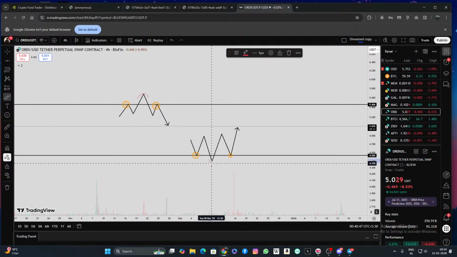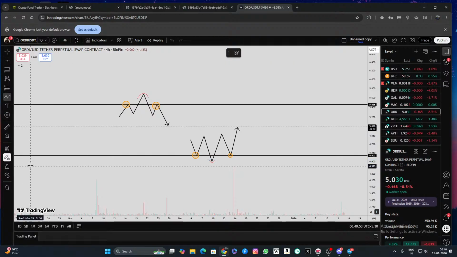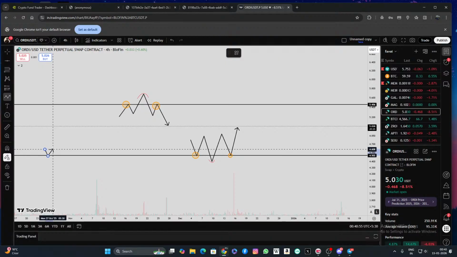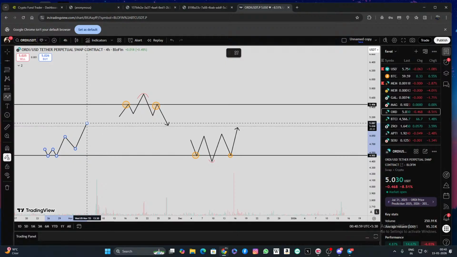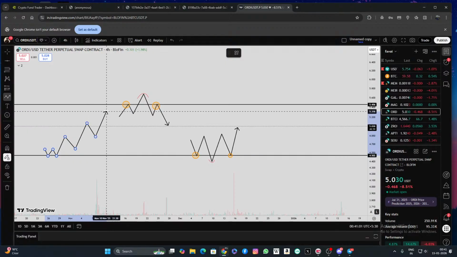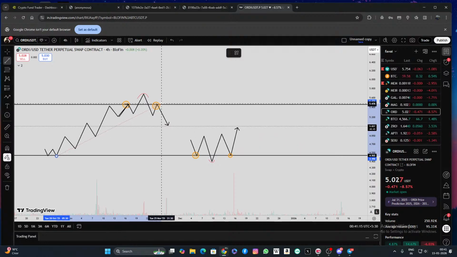So let's understand the concept behind the hidden soldier. What happened here is the market was in an uptrend, and it was also following a trend line, something like this.